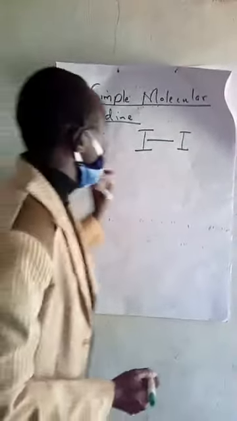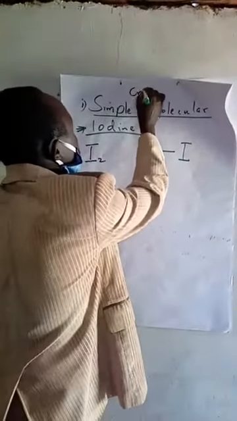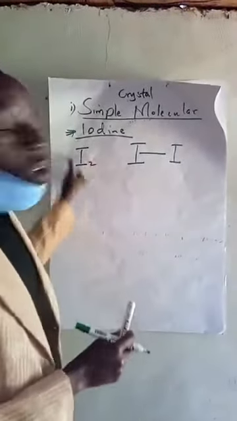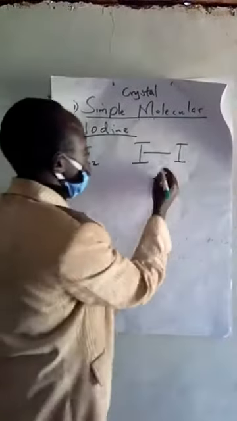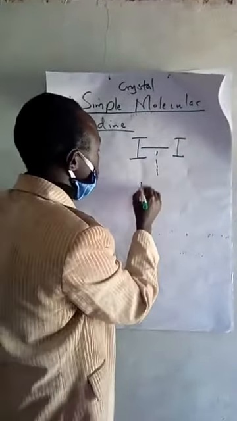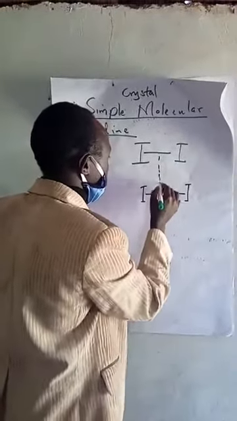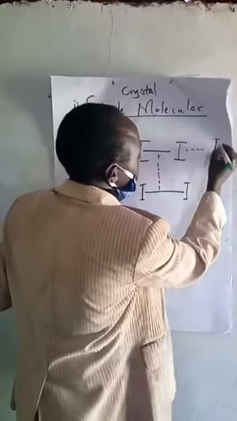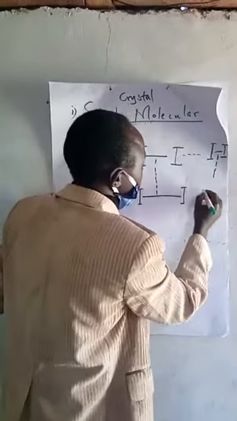So now, when we have a crystal, or a piece of a solid of iodine, it contains several iodine molecules. So this molecule is linked to another molecule, and this one is linked to another. This one is linked to another.